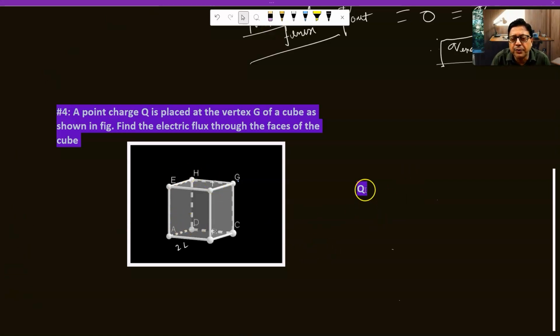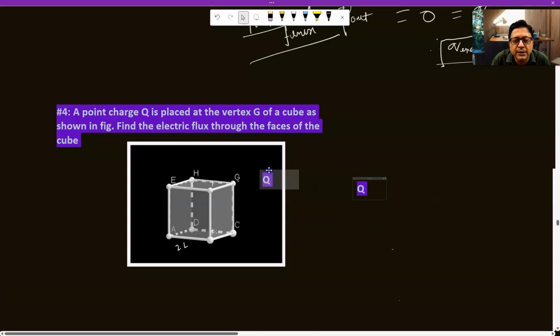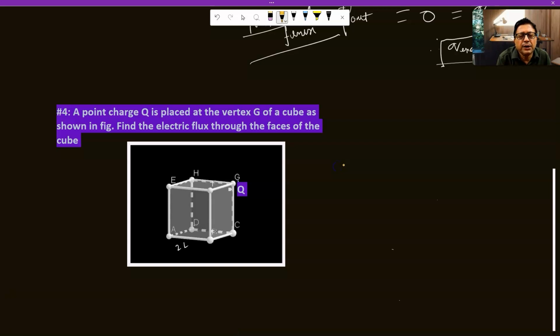This charge Q is kept just at the place of G. Now the flux going through the faces of the cube will be different, not all the same.